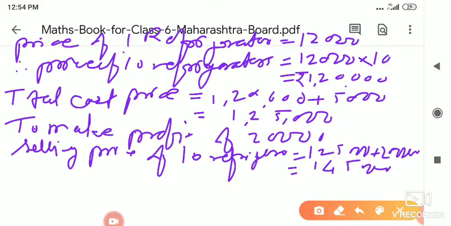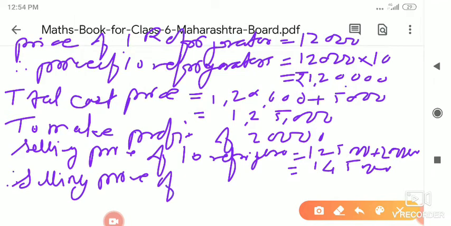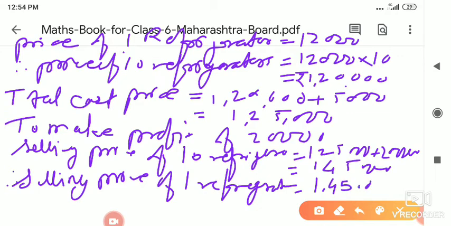Now we have to find the selling price of one refrigerator. Therefore, the selling price of one refrigerator is 1,45,000 divided by 10.